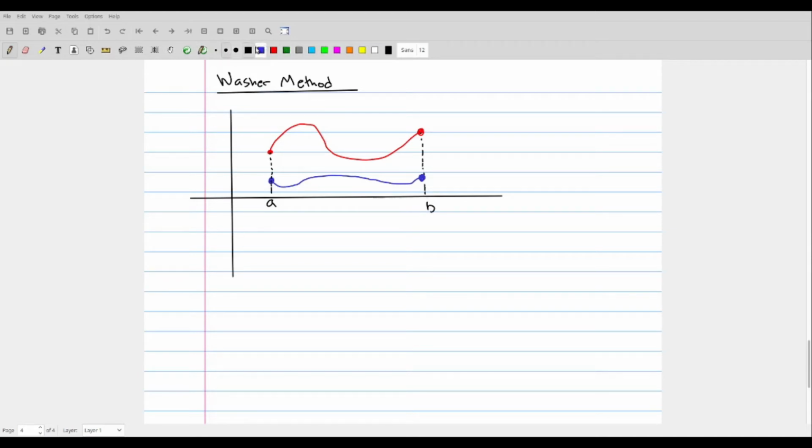So consider the area between these two functions. I'll shade that in green right here.